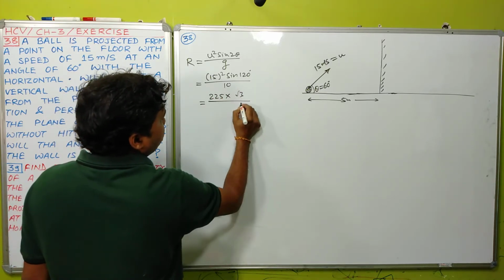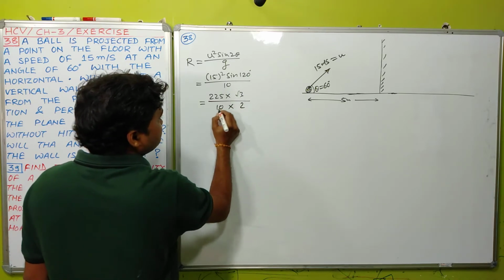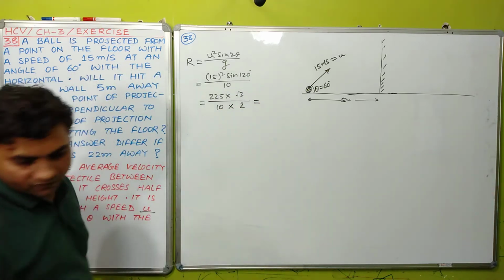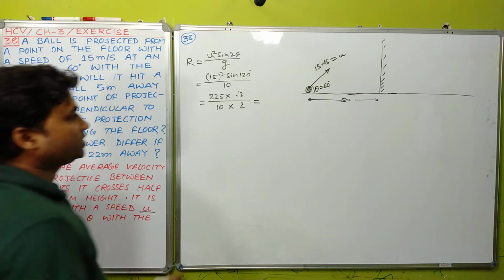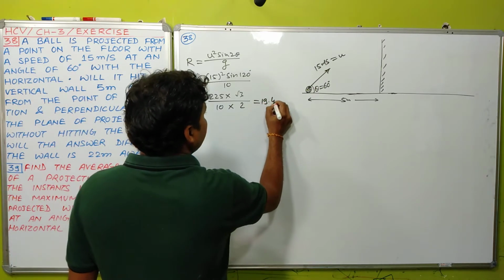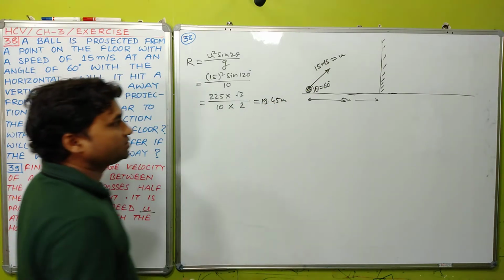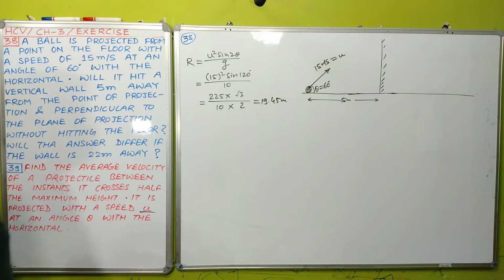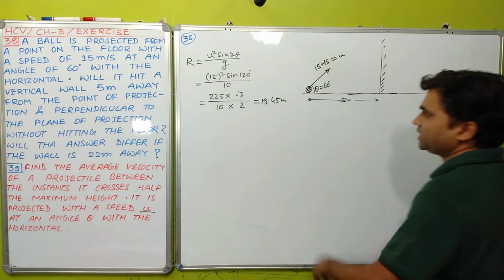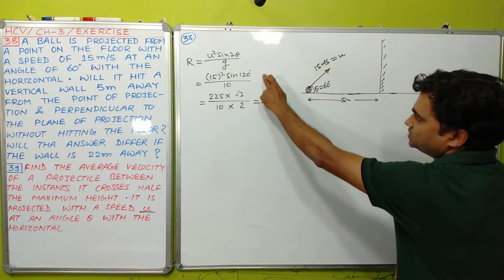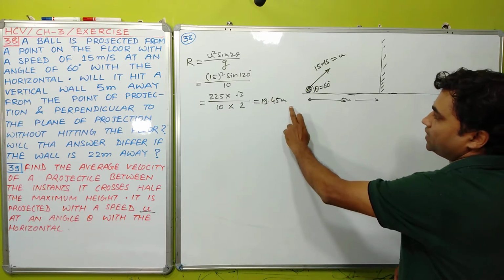Sine 120 degree, its value is root 3 by 2, and this is 10. When you solve, students, its value becomes 19.45 meter. You can think its range is 19.45 meter.